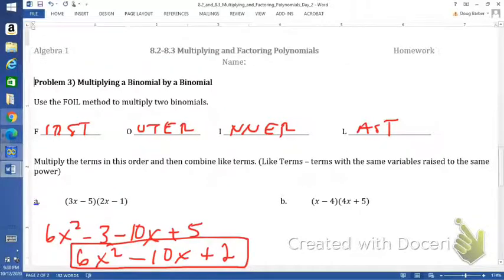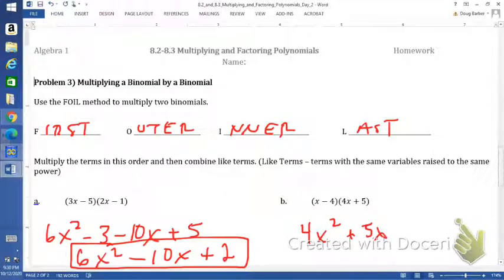Alright, we'll do one more. First times first, so x times 4x, that's going to give us a 4x squared. And the outers, x times 5, that's a positive 5x.